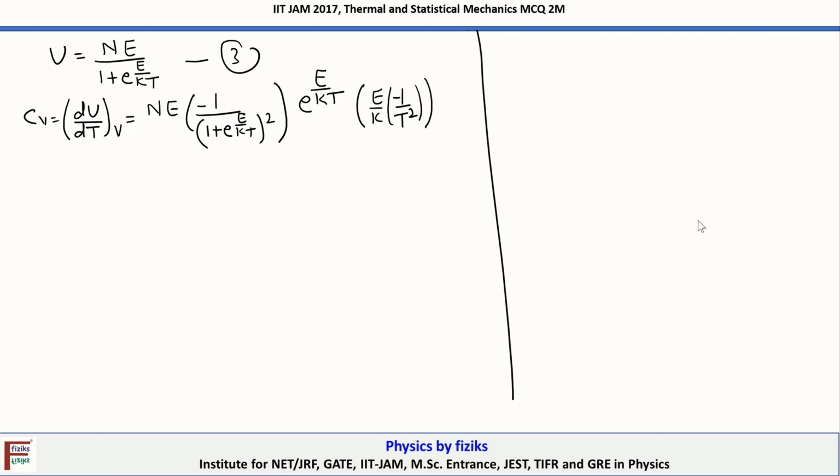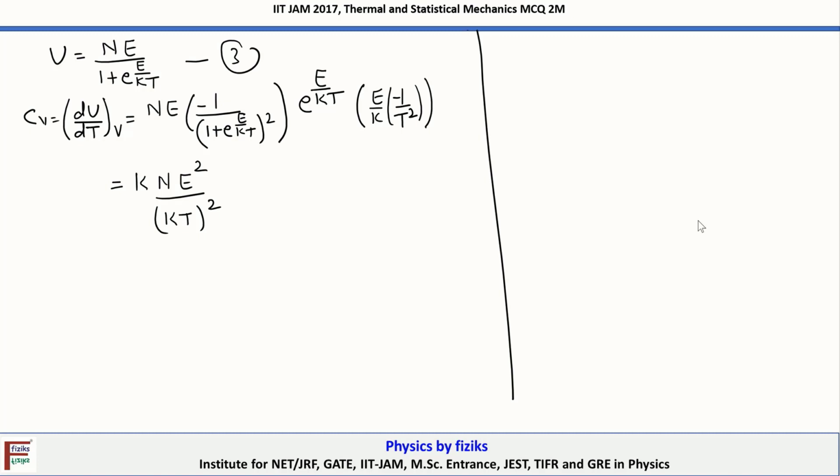Okay, so after rearranging all the terms here, minus and minus will become plus, as we are having n e square upon kt square. Okay, so we can rewrite this as k and then n e square upon kt its square.